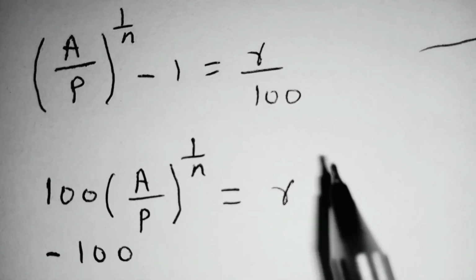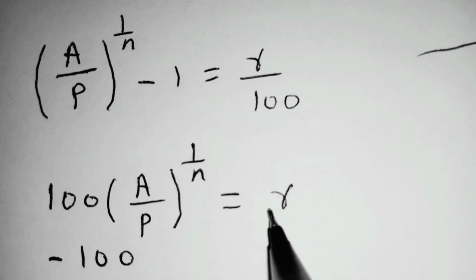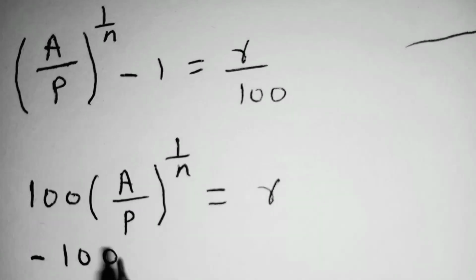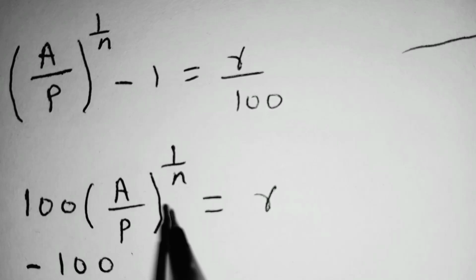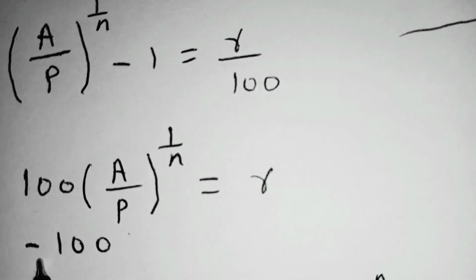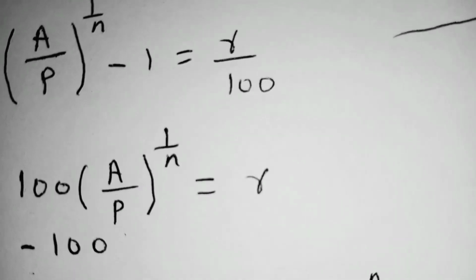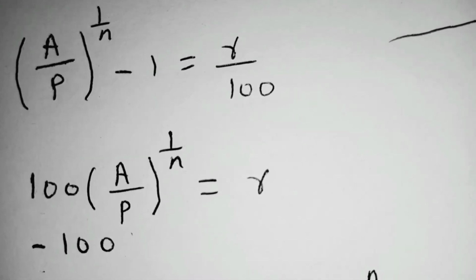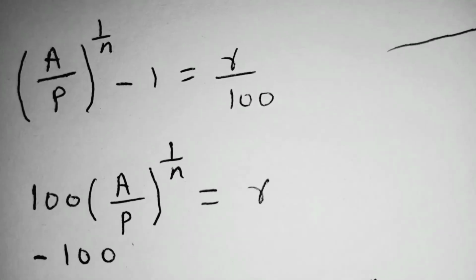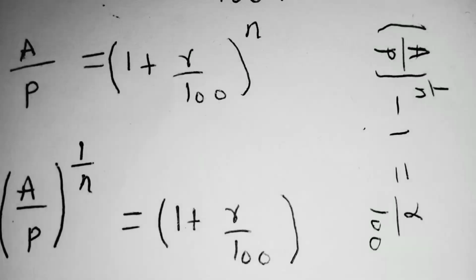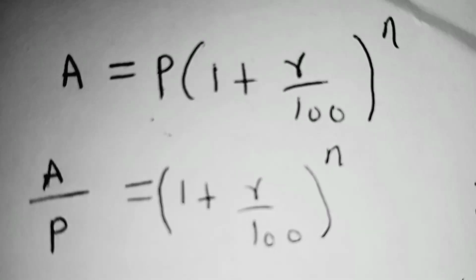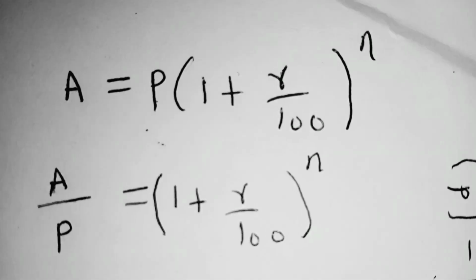So multiplying by 100, R will be 100 bracket A over P everything 1 over n minus 100 is equal to R. So that is how you make R the subject of the formula from this compound formula which you are given here in those simple method steps.